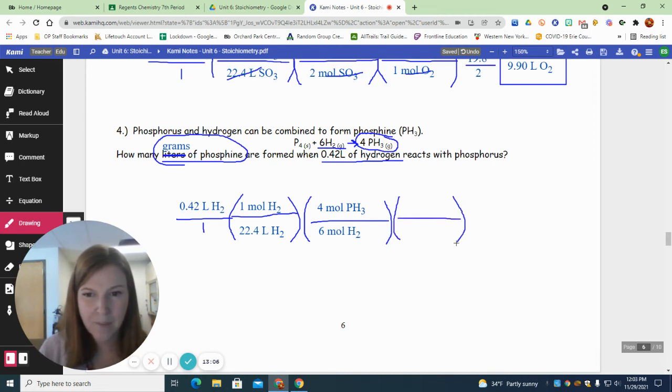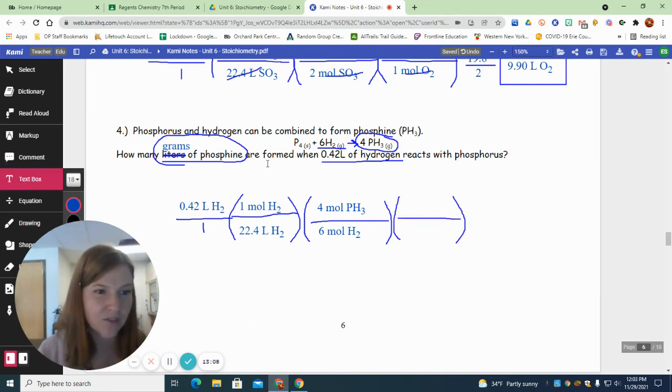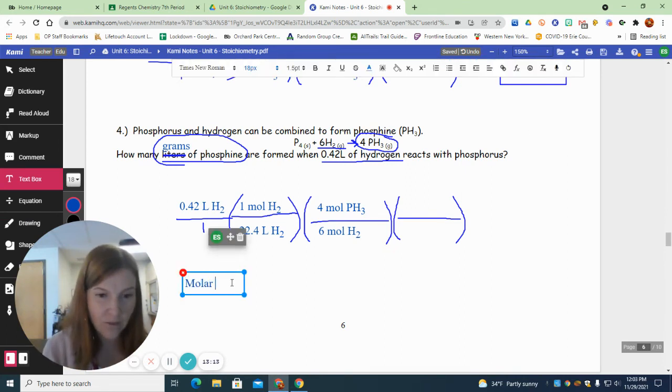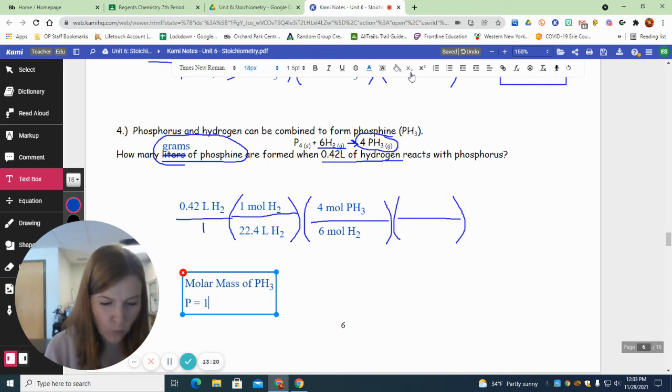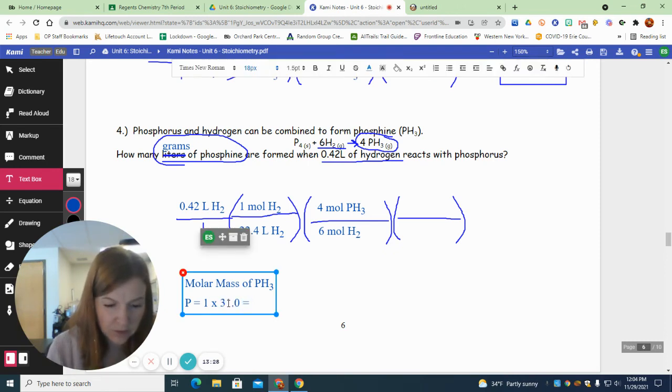And then my last step is to get to grams of phosphine. So somewhere on the side, I'm going to find the molar mass of PH3. I have 1 phosphorus. Phosphorus has a mass of 31.0. Hydrogen, there are 3 of them, each with a mass of 1.0, which gives me 3.0.